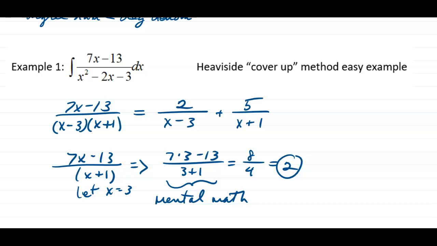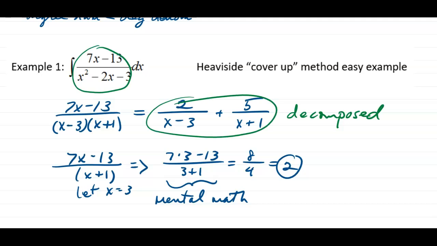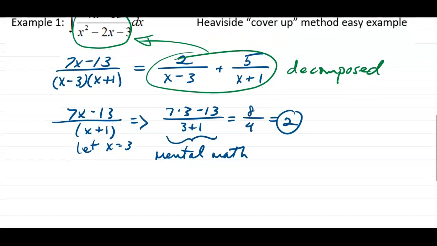Now at this point, we're in a beautiful situation because we now know that 7x minus 13 over x squared minus 2x minus 3 can be decomposed into partial fractions. And so we're going to replace the integrand with this sum of two fractions with linear factors in the denominator.